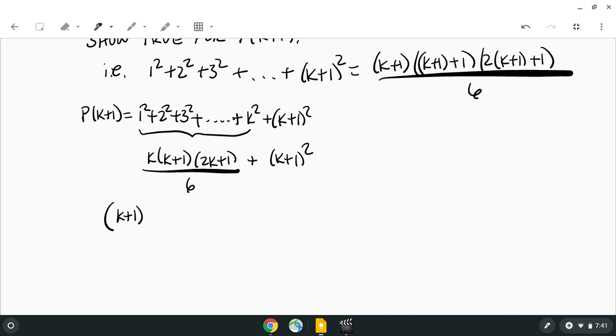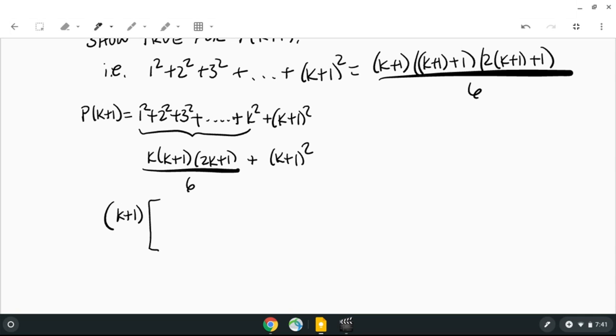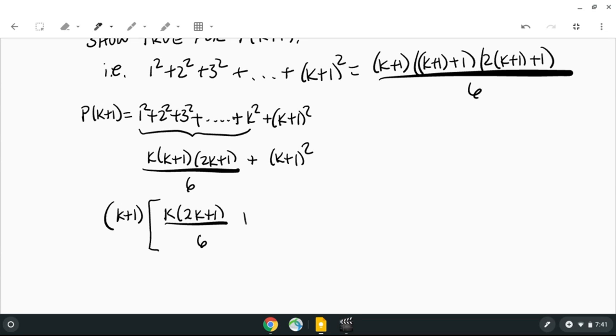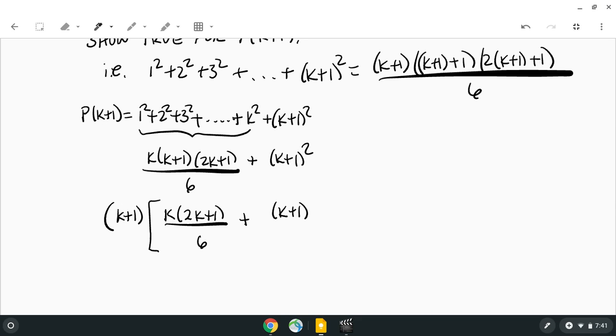I might need to have brackets here to keep things organized. And so over here in the first term, I'll need k(2k plus 1) over 6. And then over here, I'll need just 1 times (k plus 1). Okay, so that's a little better.